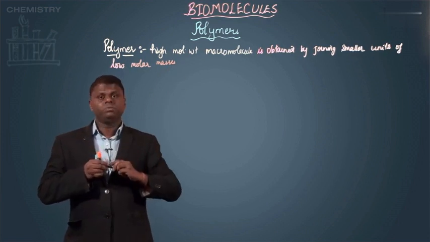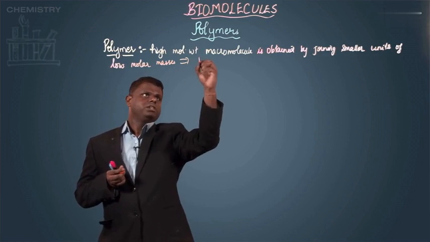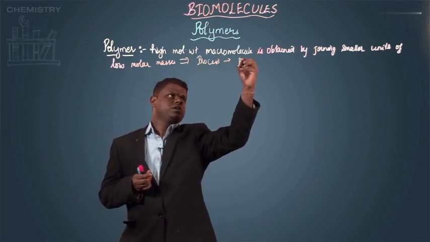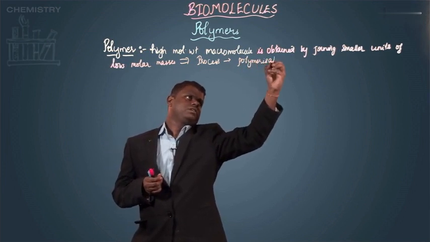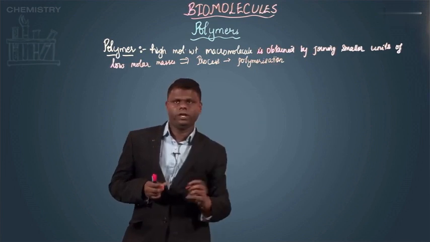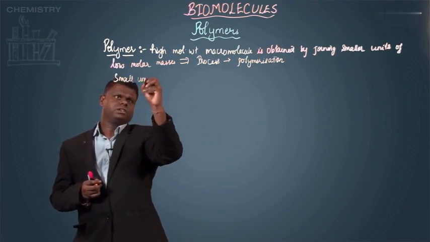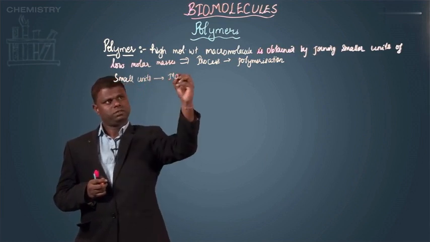This process of formation of a polymer is called polymerization. And these small units are called monomers.